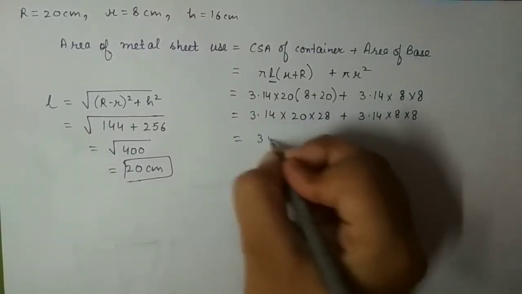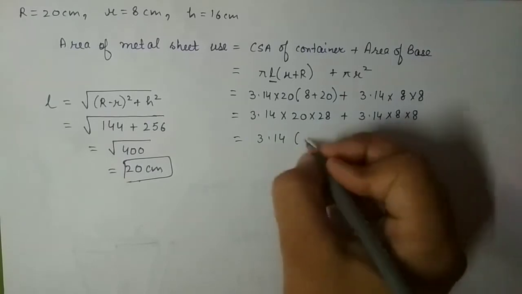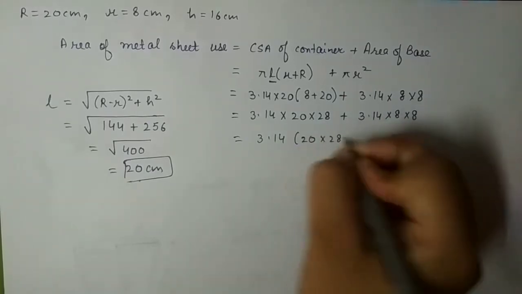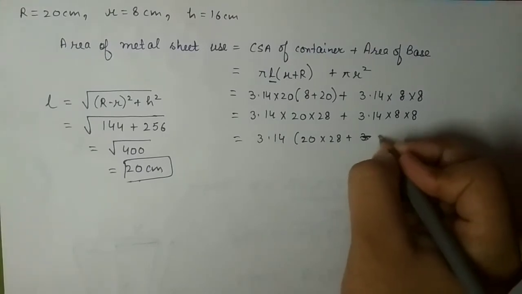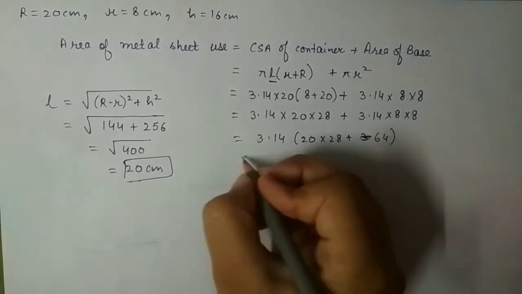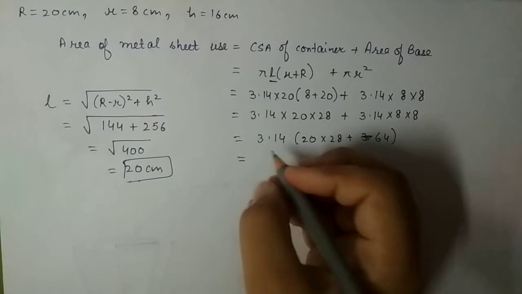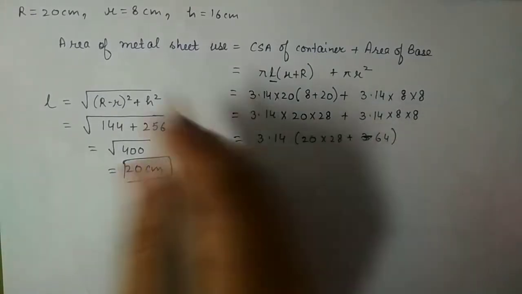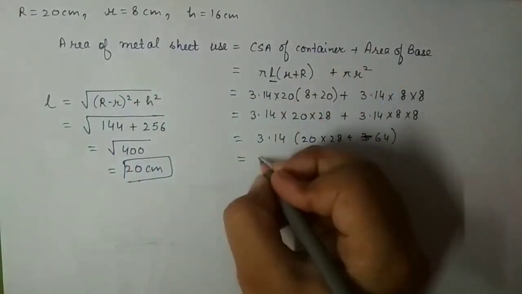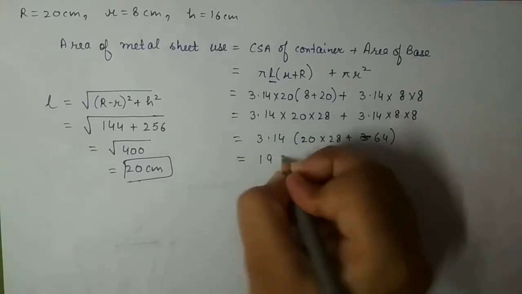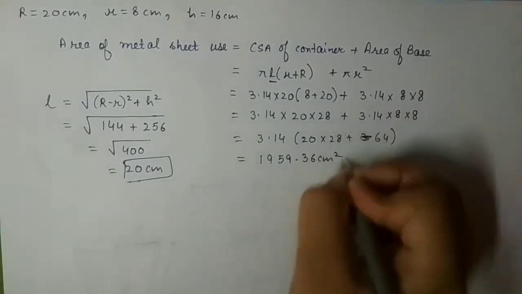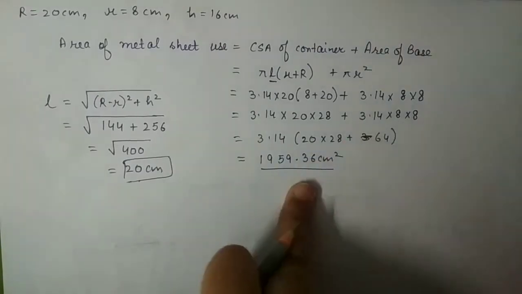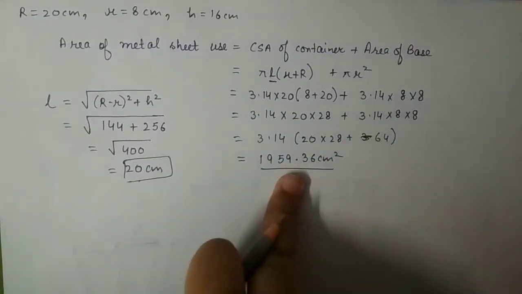You can take out 3.14 common, and in bracket you have 20 into 28 plus 8 into 8, that is 64. So you get the area of the metal sheet used is equal to 1959.36 centimeter square. On solving you will get this answer. Okay, so this is the area of the metal sheet used.